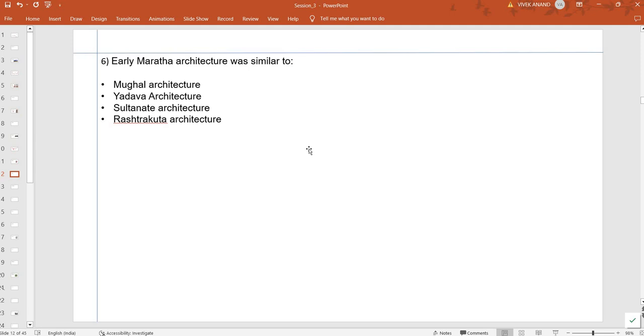Here Maratha is referring not to the Maratha region, Maharashtra, but to the Maratha Confederation. When that confederation came, with the coming of Shivaji, it started, or even before that they were rulers of that region.